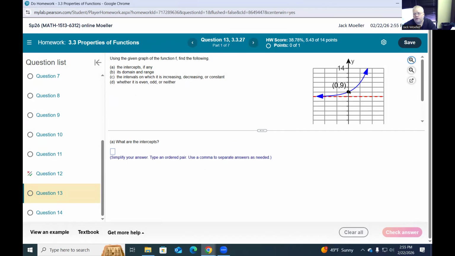So this function is actually increasing the entire time. So from negative infinity to positive infinity, it's increasing and doing nothing else. That red dotted line is not actually part of the graph, but when we get to Unit 4, we'll explain why that dotted graph is there. So just look for the blue part of the graph.